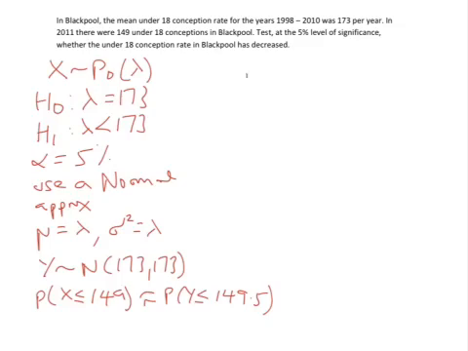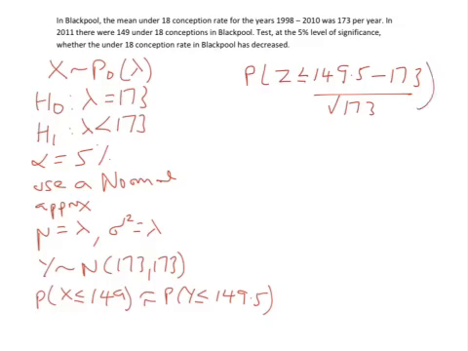So this means we need to find the probability that Z is less than or equal to 149.5 minus the mean over the standard deviation. In other words, what's the probability that Z is less than or equal to minus 1.79, and by symmetry that's 1 minus the probability that Z is less than 1.79.